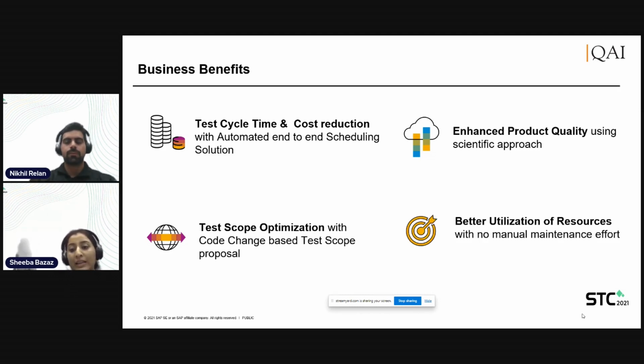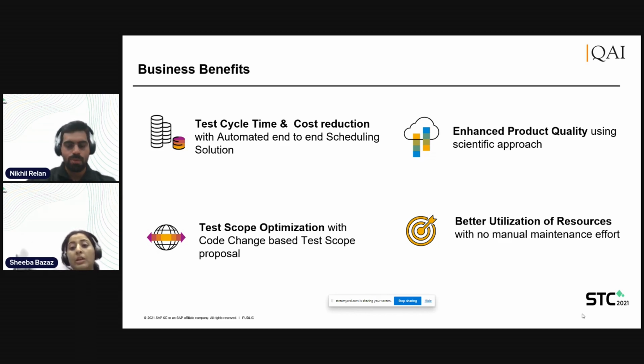And last but not least, we can now better utilize our resources. Initially, the quality engineers were involved right from manual testing, planning, and running the test automates, putting in all their effort. All that is now saved with this one end-to-end automated process.